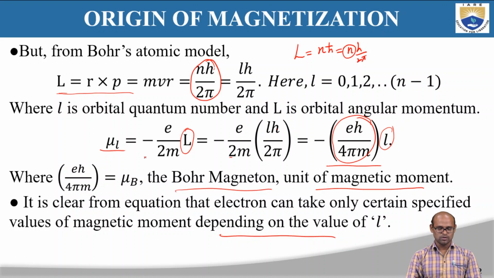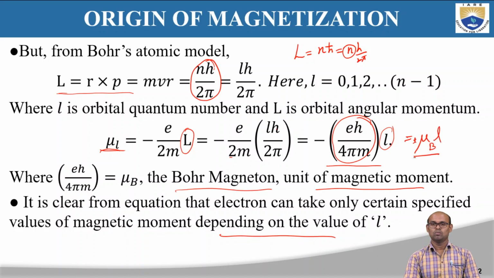So the magnetic moment coming from the orbital motion of the electron, mu L, is equal to plus or minus mu B into L, where mu B is the Bohr magneton, which is equal to eh by 4 pi m.